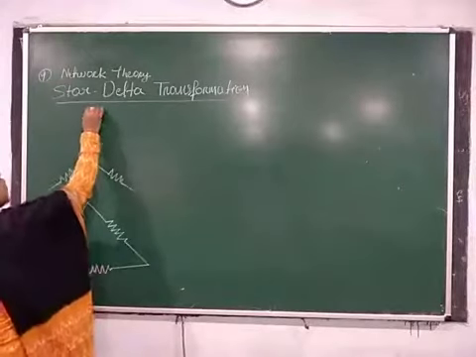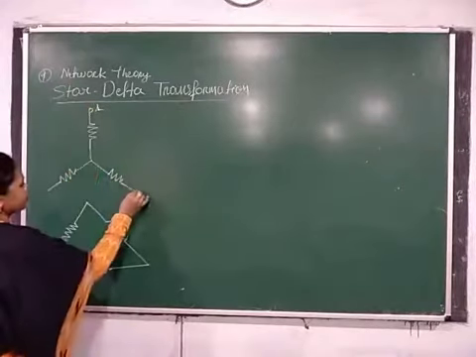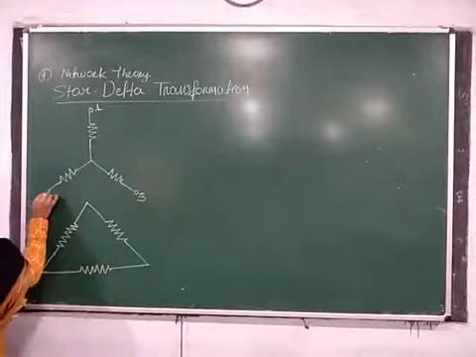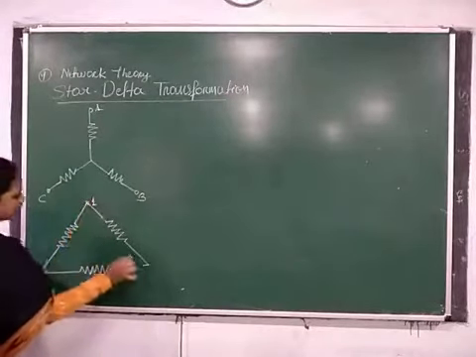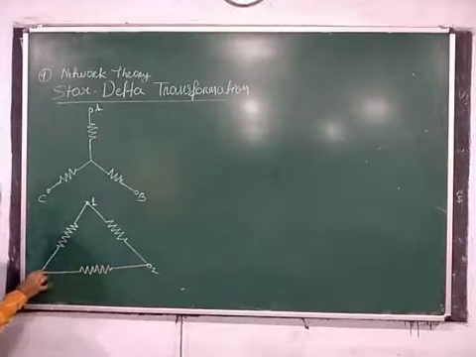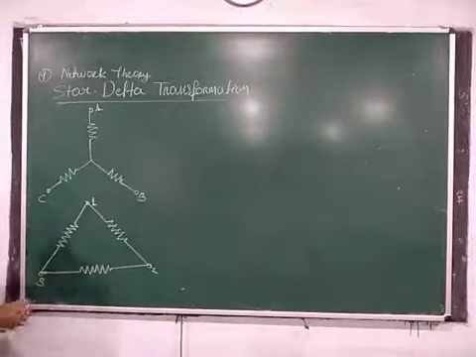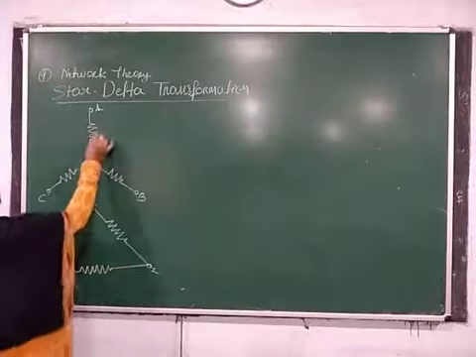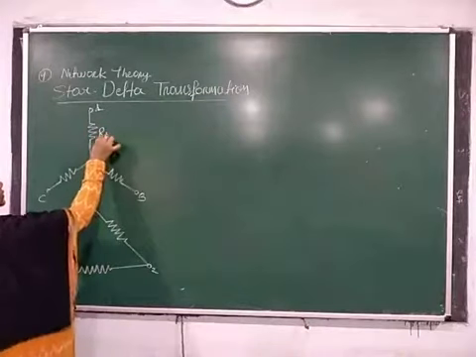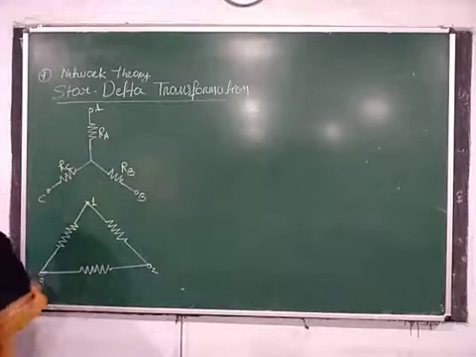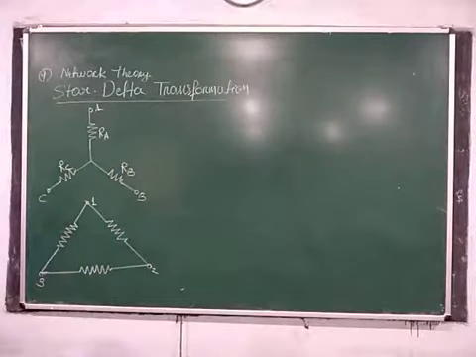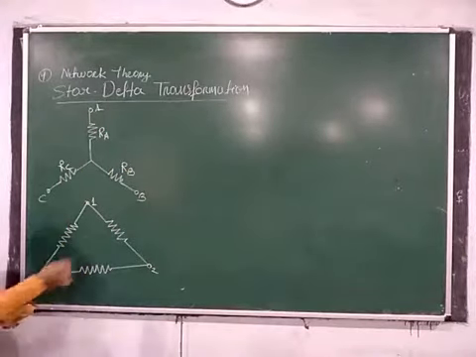Let this terminal be A, this one B, this one C. Likewise, this is 1, let this one be 2 and this one 3. RA, RB, RC are the circuit elements of the star connection.